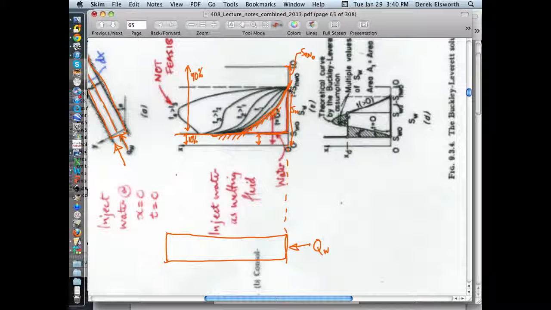So 80% saturation here, 70, 60, 50, and back to the original 10% saturation of water as you get ahead. As you keep on pushing it, then at some later stage, this would be the profile of saturation. And again, at this particular point here, this would be the amount of water.